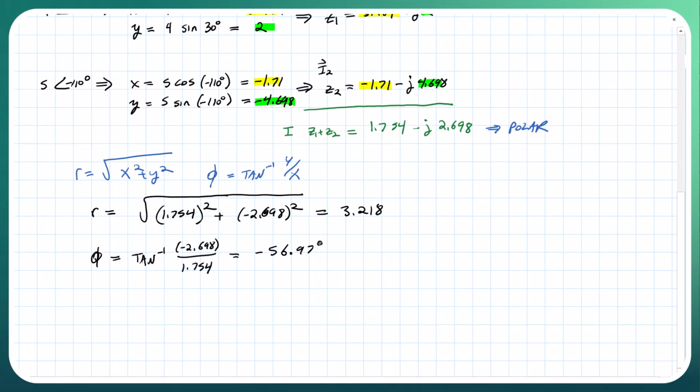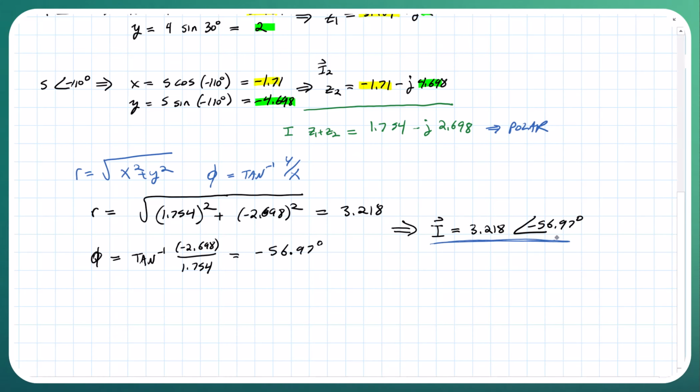Okay, so technically that is our phasor there, so our I is equal to 3.218 at an angle of minus 56.97 degrees. I'll highlight that here.